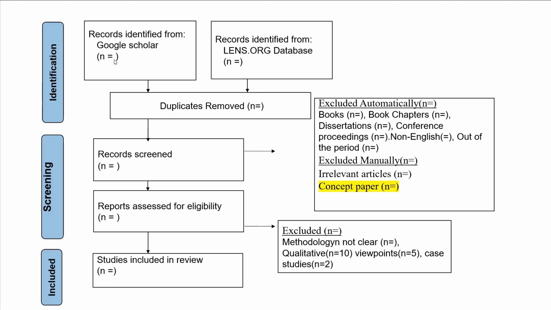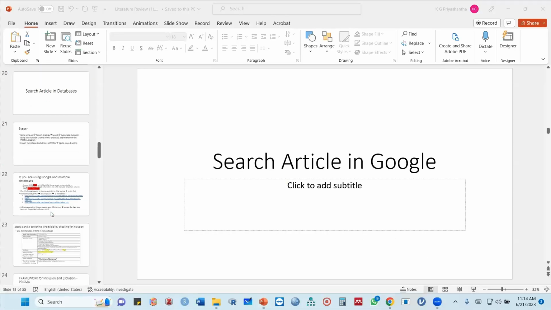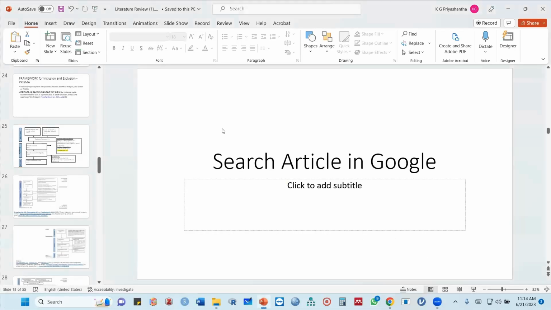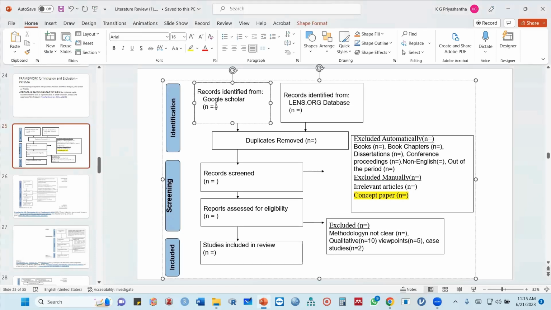Say, for example, initially, how we get from Google, we need to fill in this framework simultaneously. From Google, we got 63 documents.